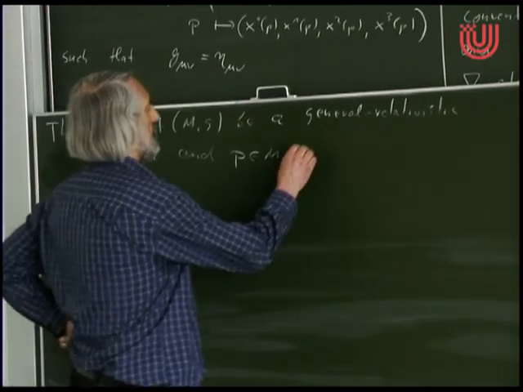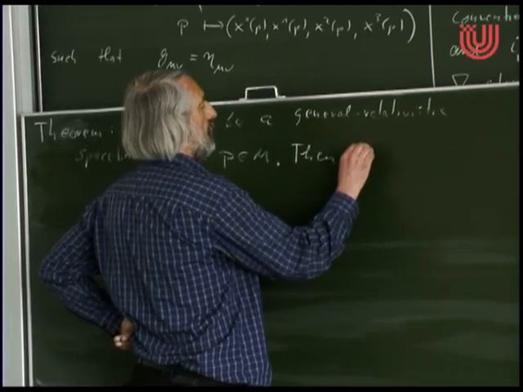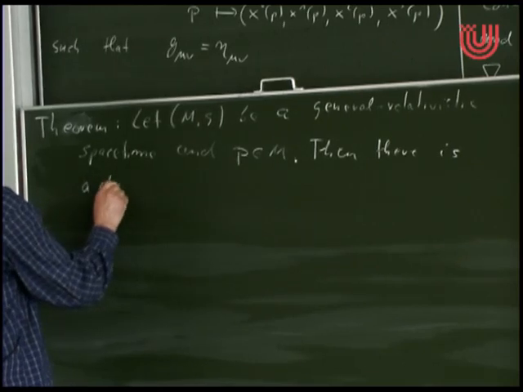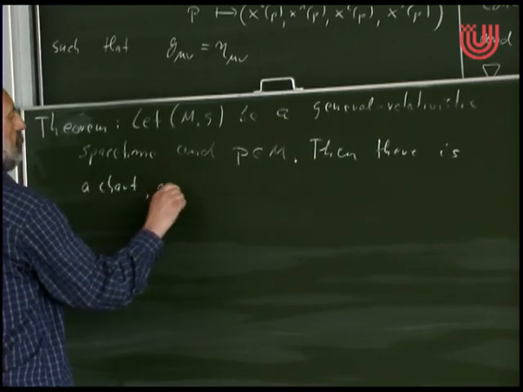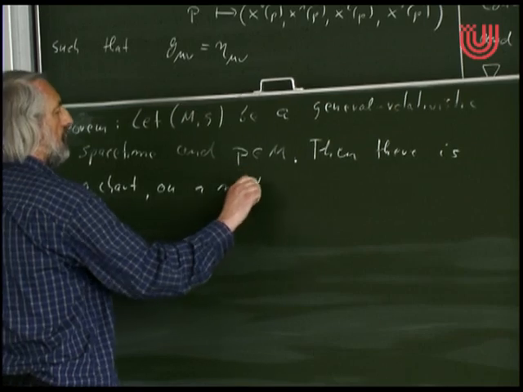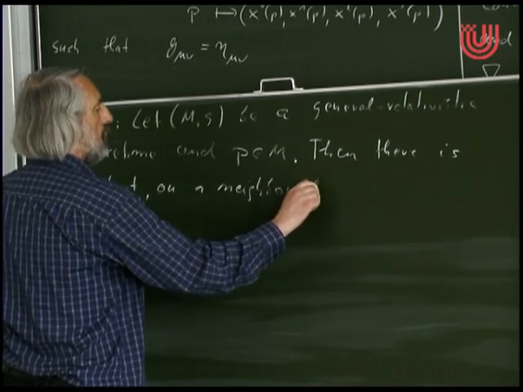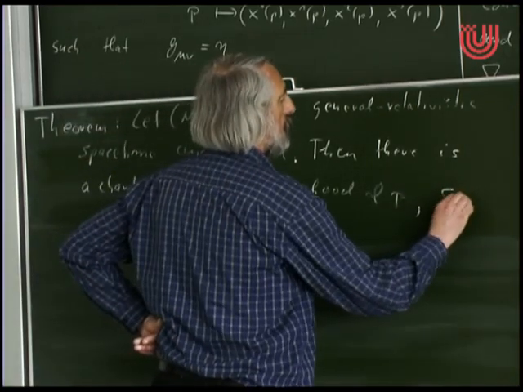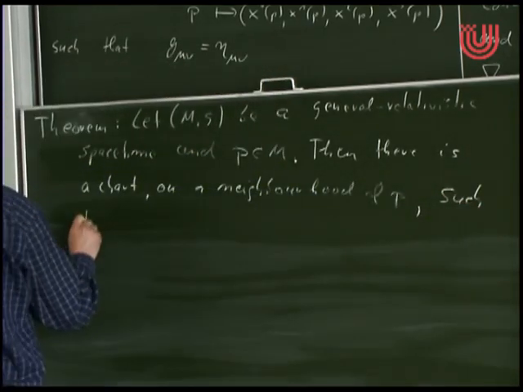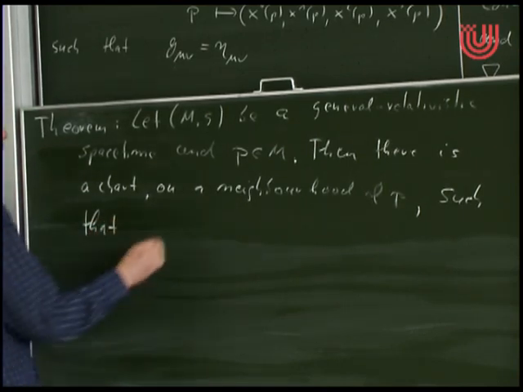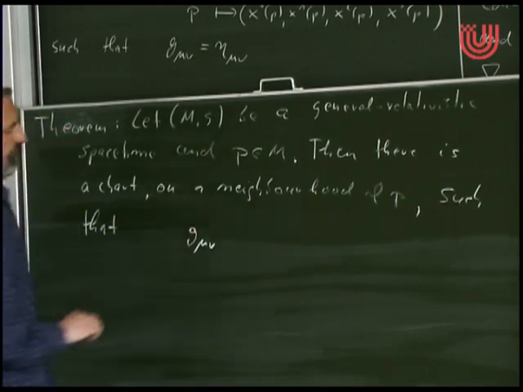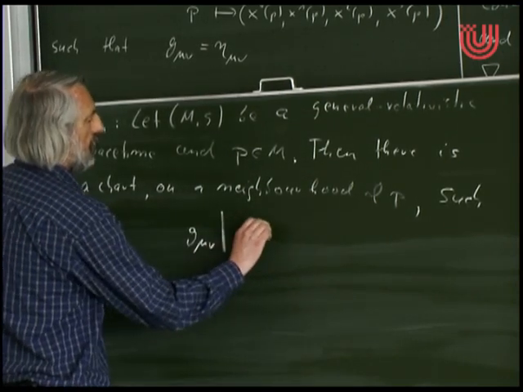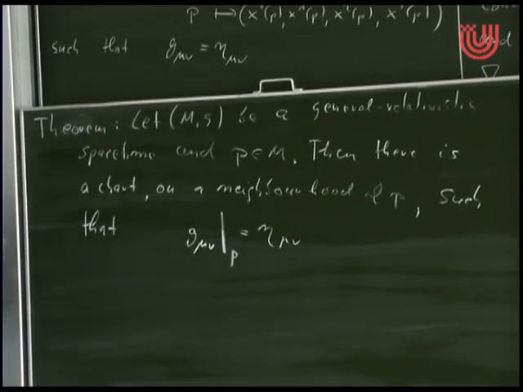So the statement is then there's a chart, defined on a neighborhood of P, such that the components of the metric in this chart at the point P take these values eta mu nu.